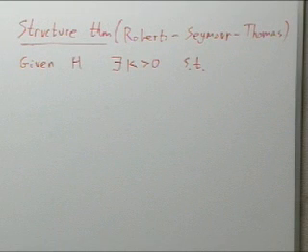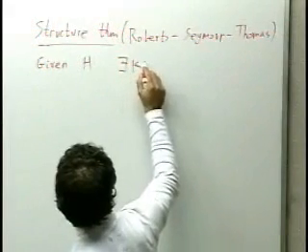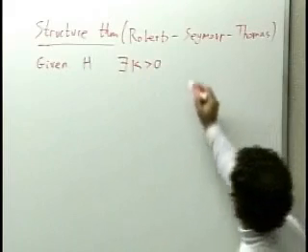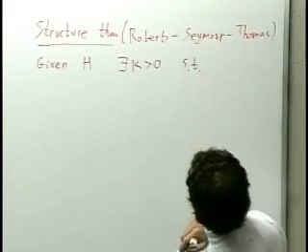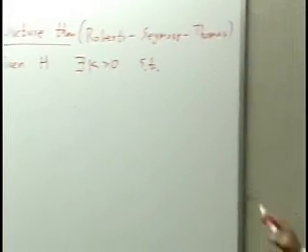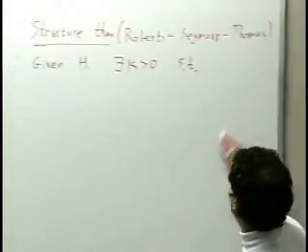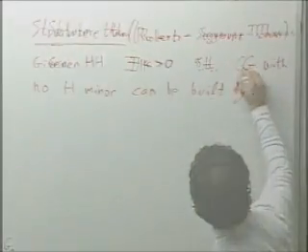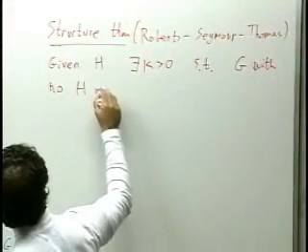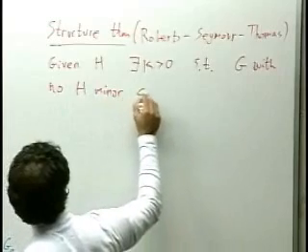Given a graph H, there exists some constant K, finite, such that any graph G with no H minor can be built by the following construction.